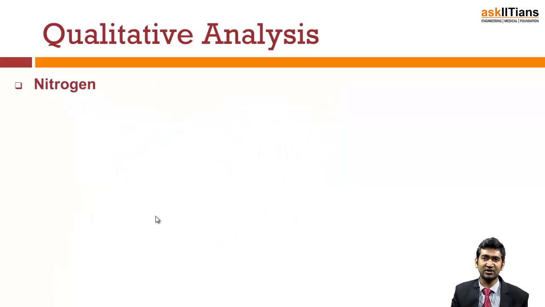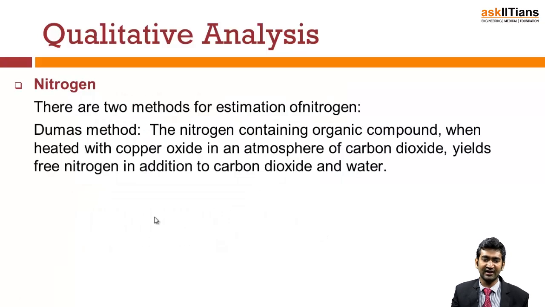The next test is of nitrogen. Now there are two tests. One is the Dumas test. What do we do here? If I heat the nitrogen containing compound in the presence of copper oxide in an atmosphere of carbon dioxide, it will yield free nitrogen in addition to carbon dioxide and water.